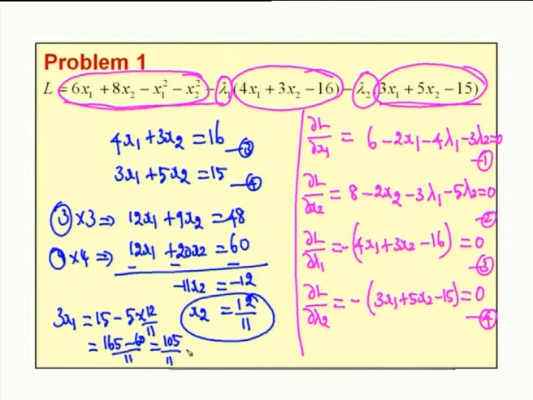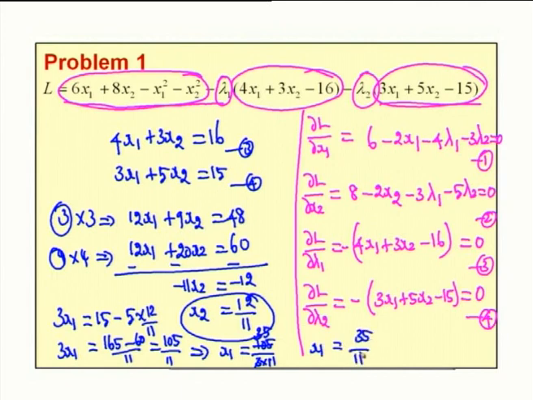So, 3x1 equal to 105 by 11. From this, x1 equal to 105 by 3 into 11. We can cancel the 3, so we got the x1 value as 35 by 11.